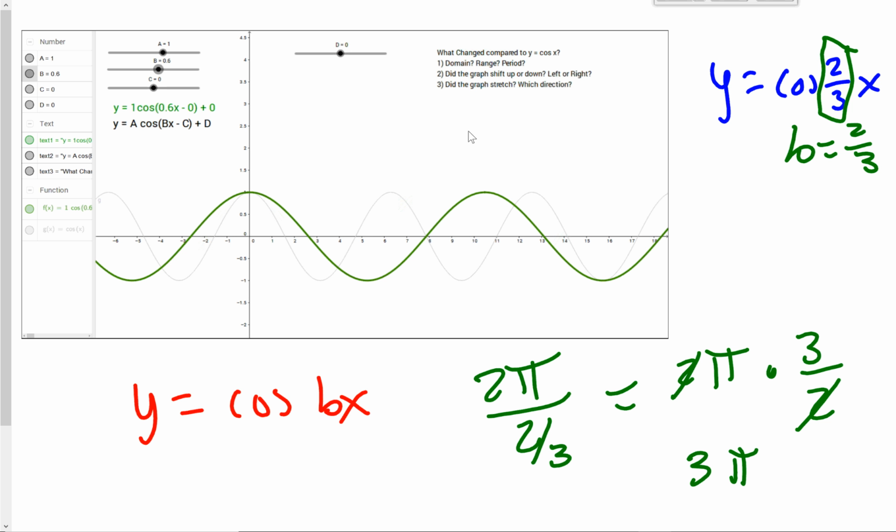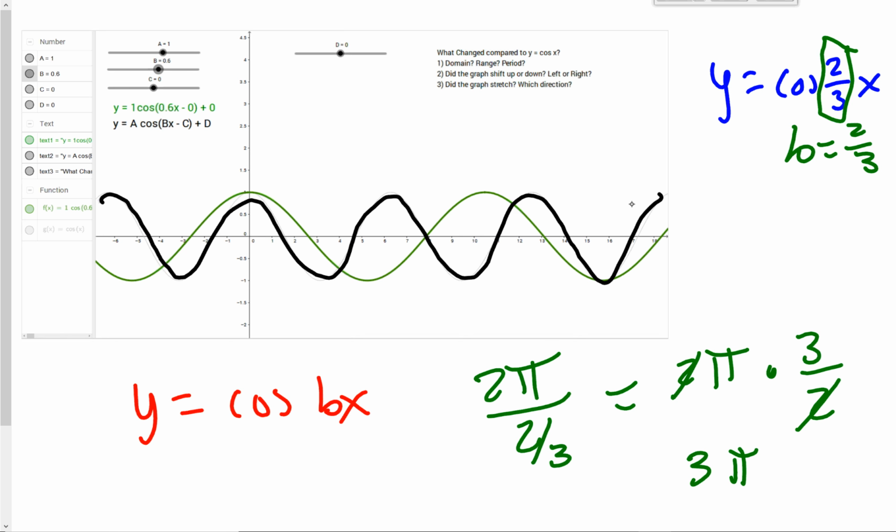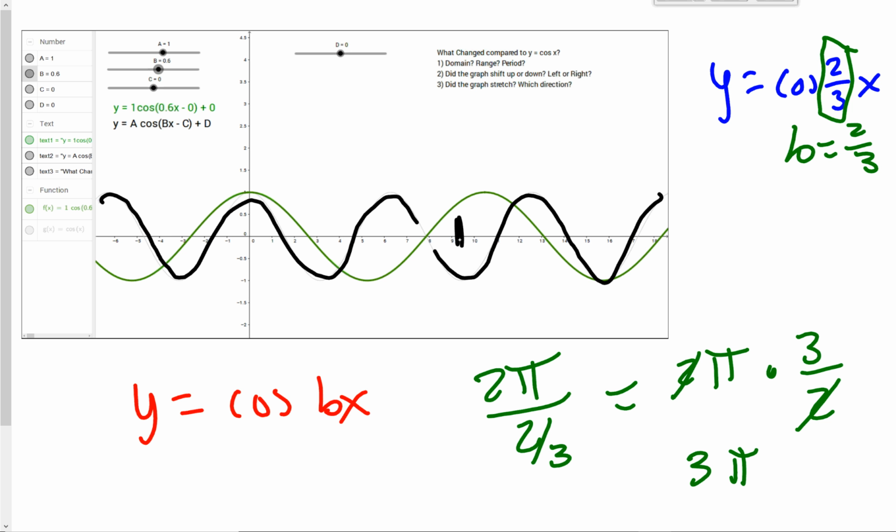Somewhere in there. Okay, so here's the old one. So here's what it looks like. So it changes a little bit. And 3 pi, that's about like 3 times 3 is 9, so it's about 9 point something. So we're probably right in somewhere a little past here, maybe like right there. Okay, so that's what it kind of looks like.